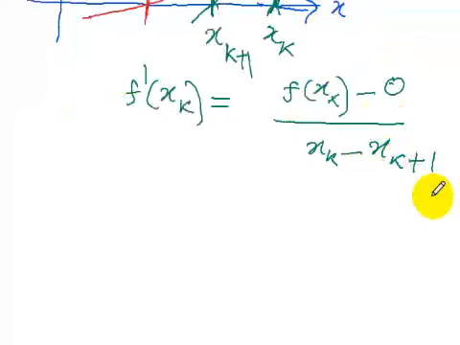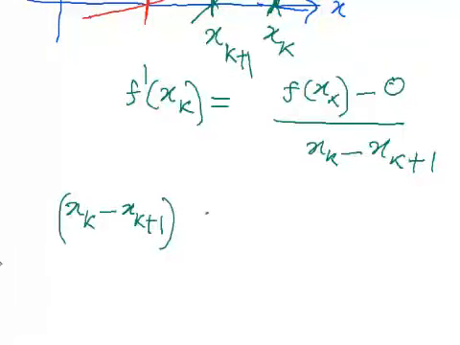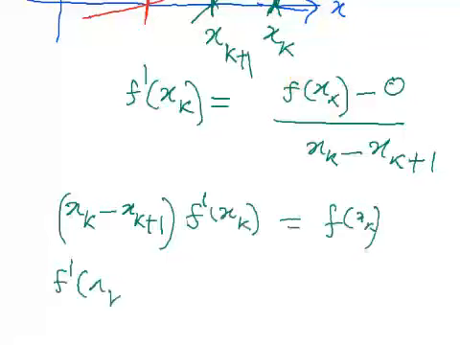Let's do cross multiplication: xk minus x sub k plus 1 times f prime of xk equals f of xk, and let's assume f prime of xk is not equal to 0.